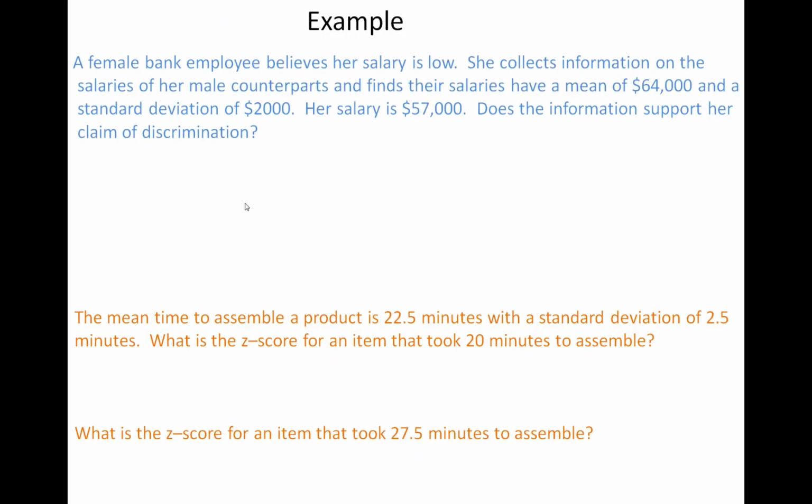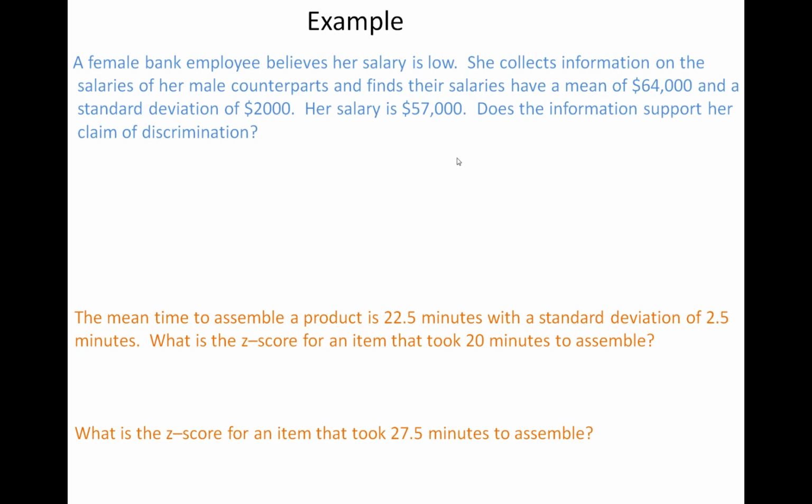We'll look at two more examples. So take a moment and read the first example. Okay, so here we see a bank employee believes her salary is low, and the information she collects is that the mean salary is $64,000 with a standard deviation of $2,000, and her salary is $57,000.